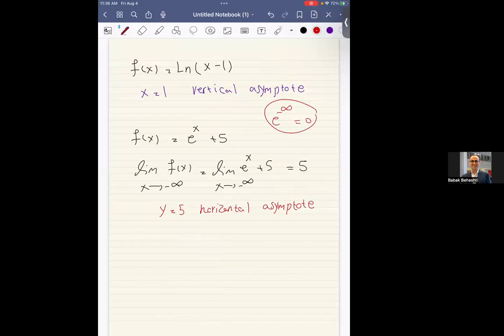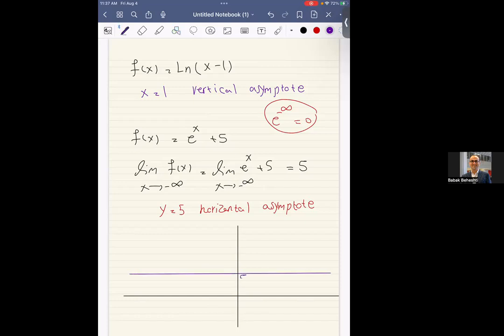So why is it just the last number, right? That's why I said 5 is the bottom. Yeah, that's a good question, you can also draw the graph. So e to the power x plus 5. First of all, y equal to 5. Let's say that this is y equal to 5, this line.